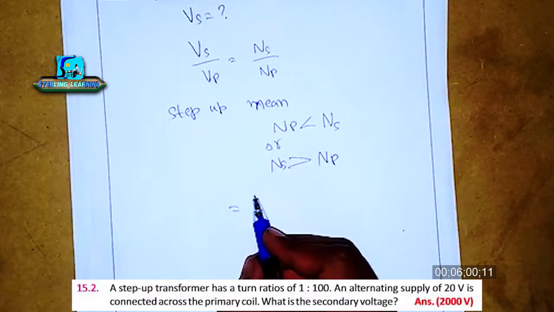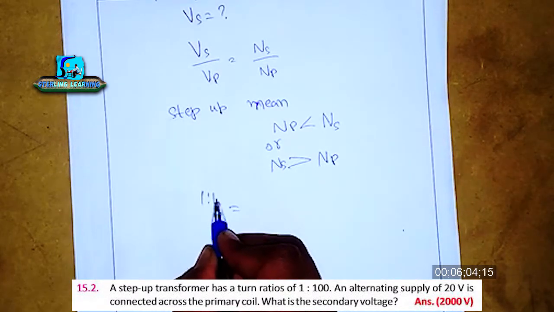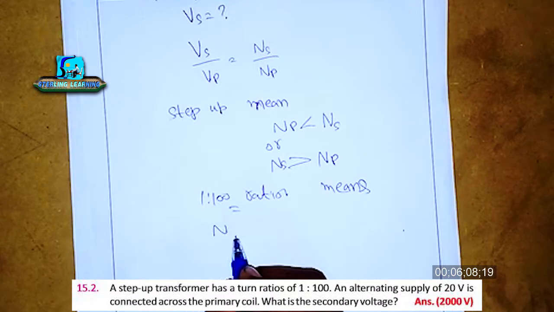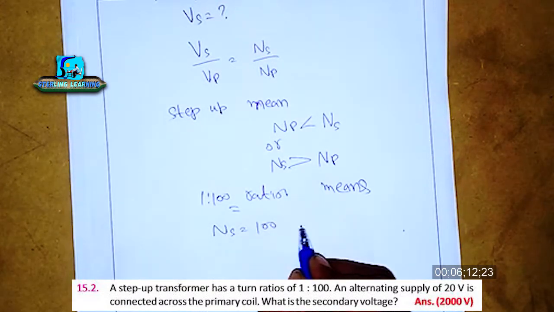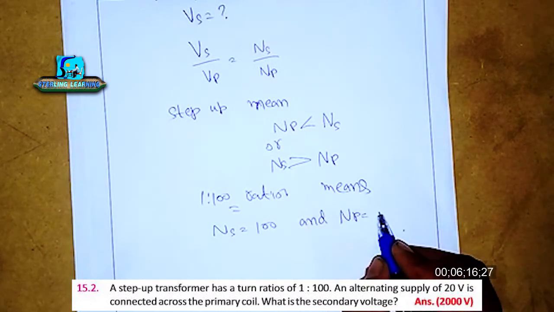So 1 to 100 means Ns is equal to 100 and Np is equal to 1.